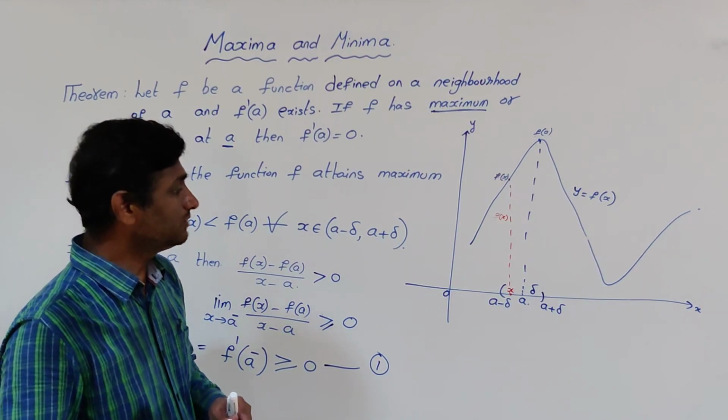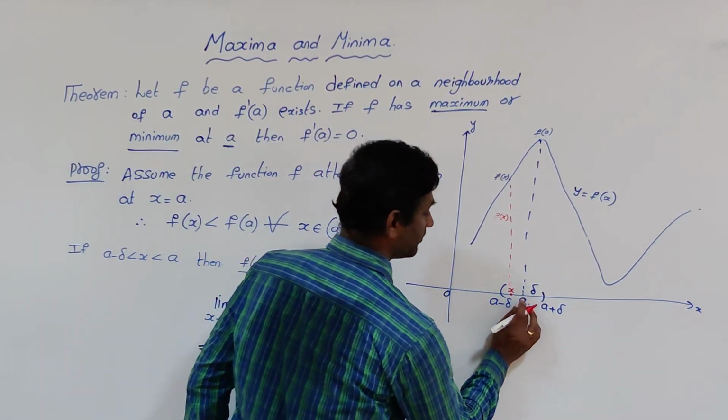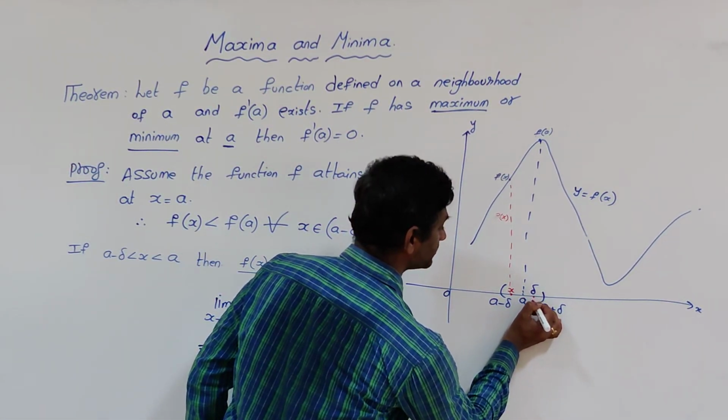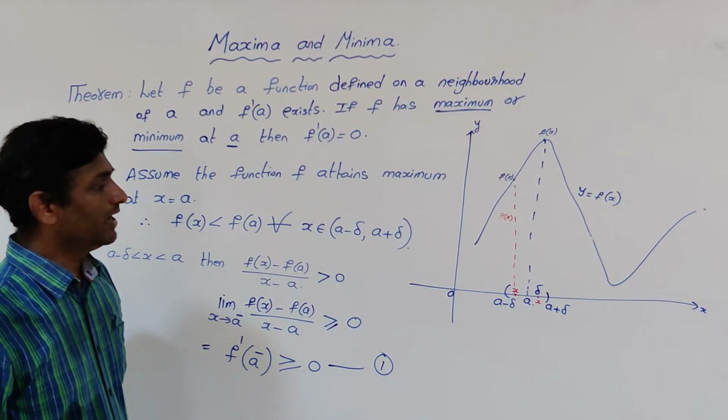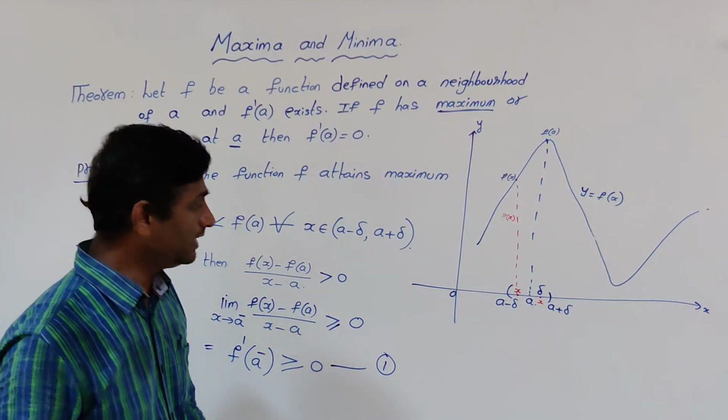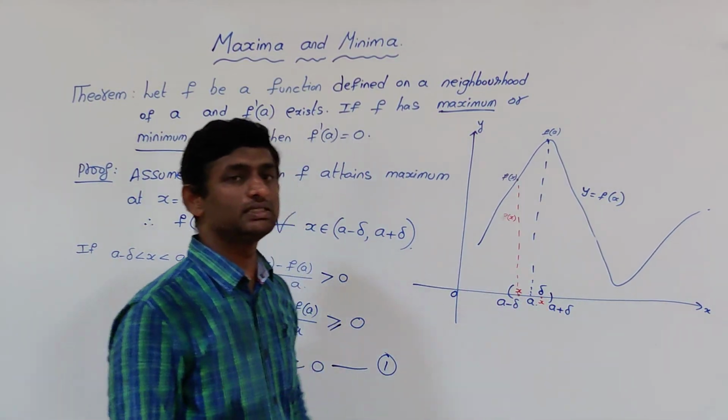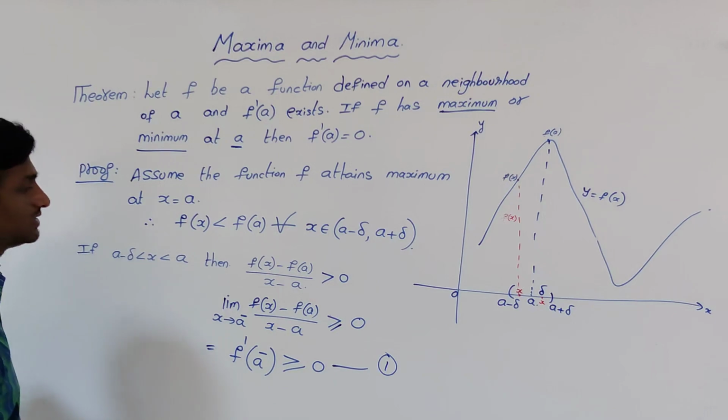Now assume that x lies between a and a plus delta, then let's see what happens.